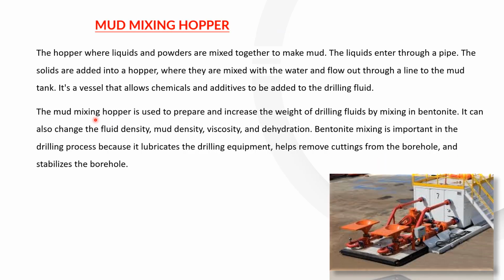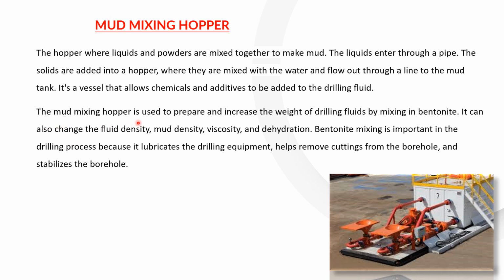Mixing hopper. The hopper where liquids and powders are mixed together to make mud. The liquids enter through a pipe and the solids are added into a hopper where they are mixed with the water and flow out through a line to the mud tank. It's a vessel that allows chemicals and additives to be added to the drilling fluid.